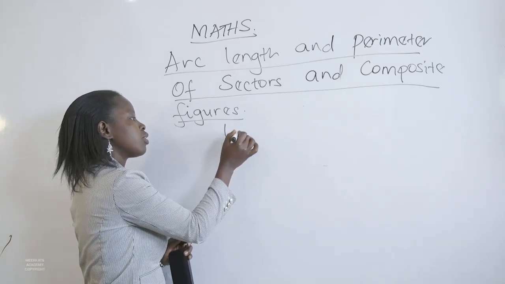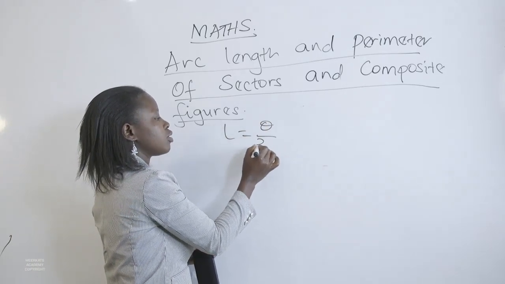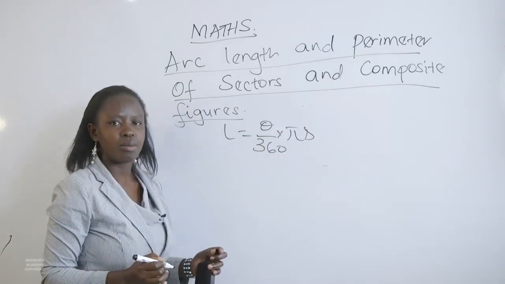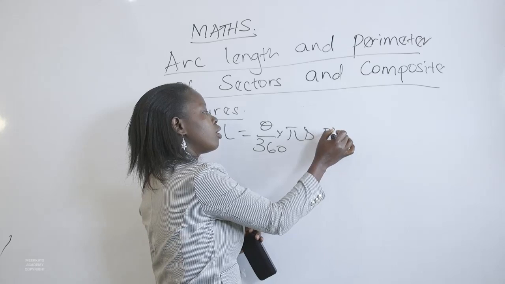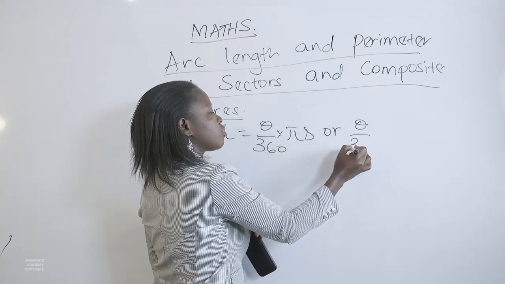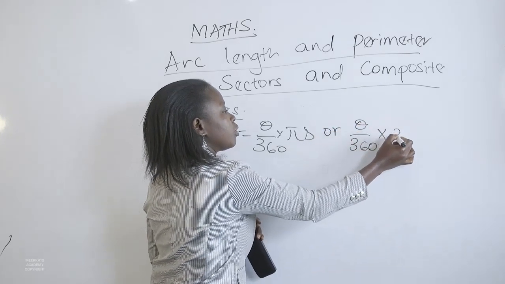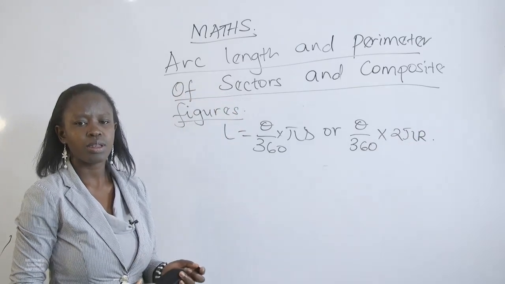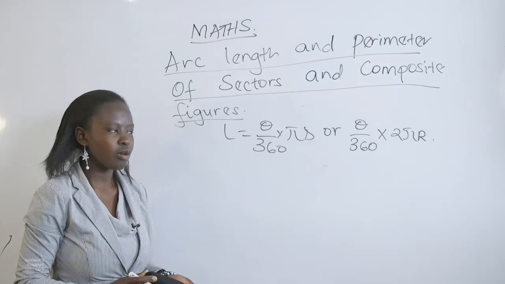So the length of the arc is given by theta over 360 multiplied by pi d, or theta over 360 multiplied by 2 pi r. That is how we obtain the length of the arc.